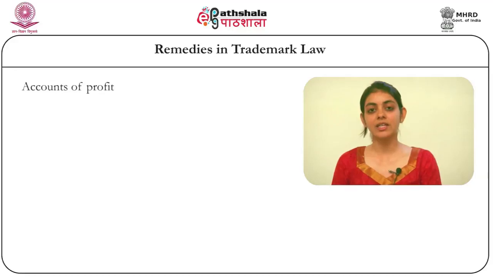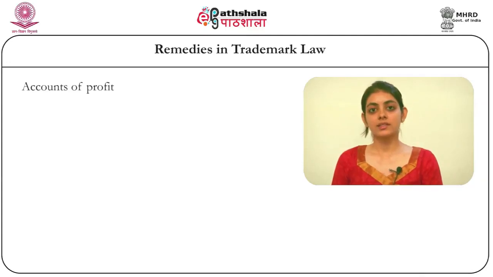Accounts of profit refers to the last factor. When a defendant is violating the plaintiff's trademark, it generates revenue by such use, and it is believed that the revenue generated by the defendant from its infringing activities is actually attributable to the plaintiff, and hence the plaintiff is entitled to the accounts of profits of the defendant, which the defendant should produce, and the plaintiff may recover the same.